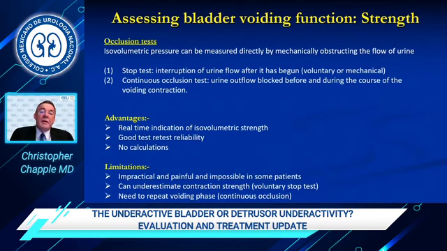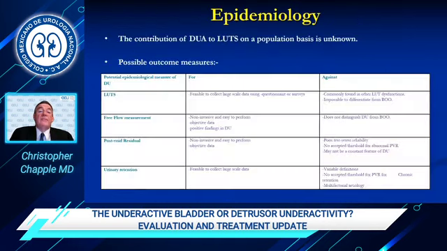It can underestimate the contraction strength because, of course, you're using a cuff and there's variable compression, and you need to repeat the voiding phase because it's a continuous occlusion. But it has the advantage of being a real-time indication of the isovolumetric strength, and there's good retest reliability in many patients with no calculation.